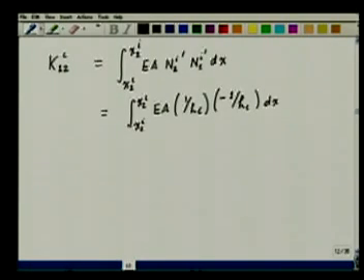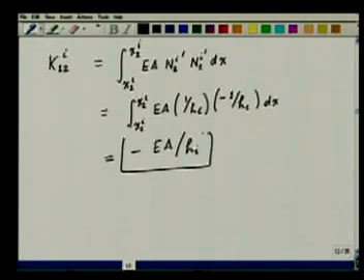So by doing this integration, it becomes minus EA by hi. Actually, for the previous expression also, it is not EA by hl, it is EA by hi, because we are talking of the ith element, not the lth element. Okay, so this is what k12i is.